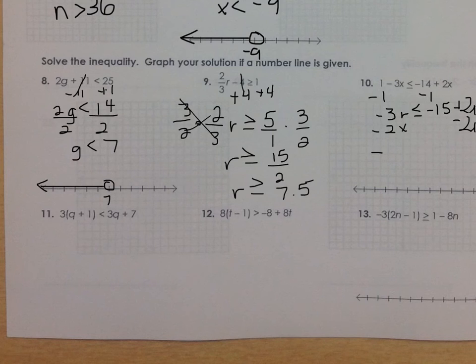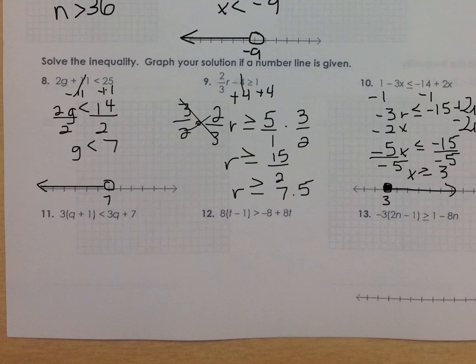That would give me negative 5x less than or equal to negative 15. Then I would divide by negative 5. When you divide by a negative, your inequality is going to change directions. And I would have x is greater than or equal to 3. So let's put 3 over here. This would be a closed circle going to the right.